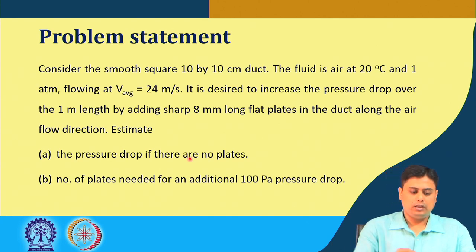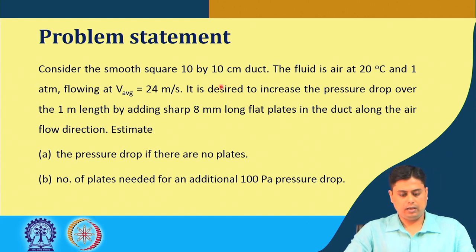Okay. The dimensions, take note, are 10 centimeter by 10 centimeter cross sectional area. The fluid is air at near ambient temperature and pressure, with a velocity of 24 meter per second.